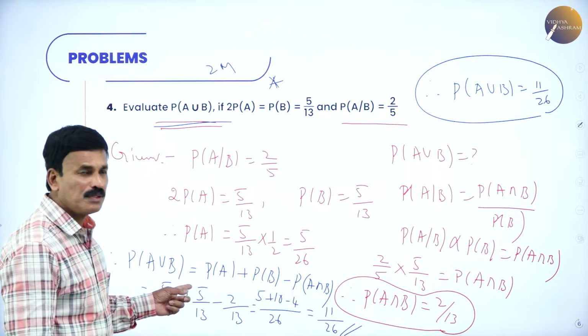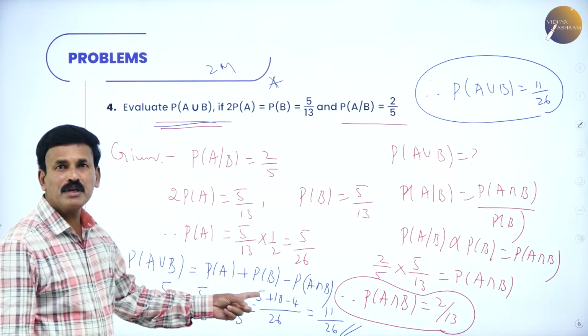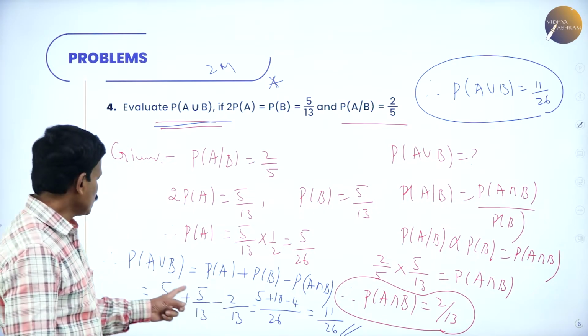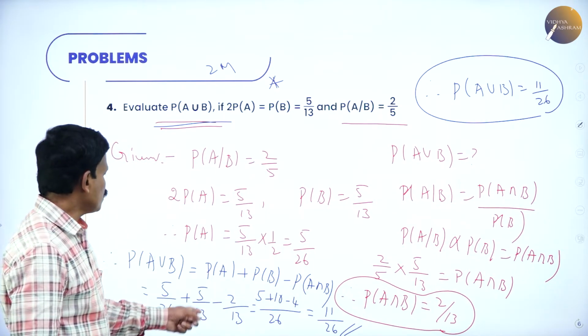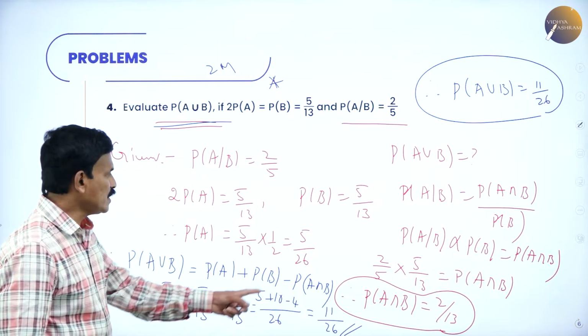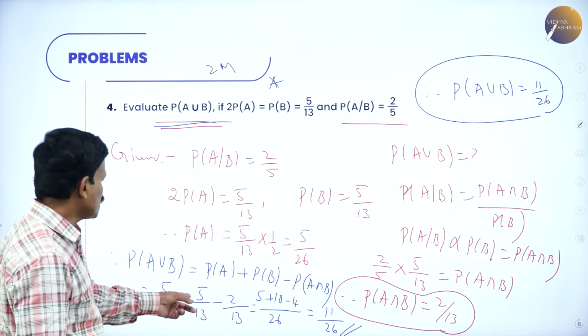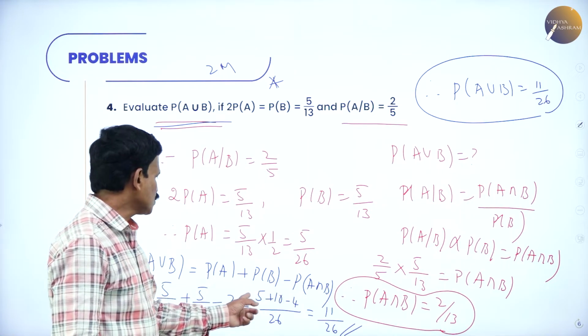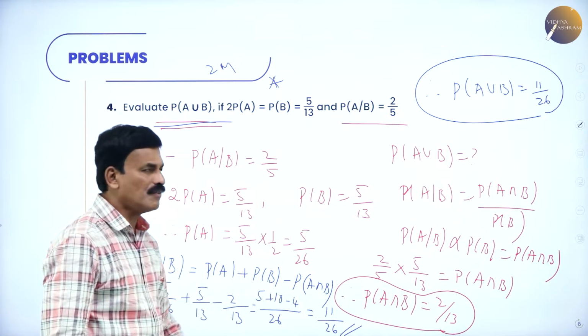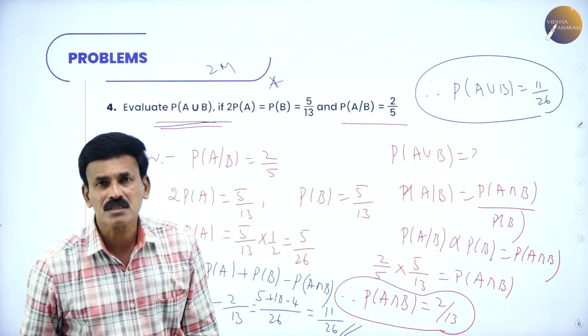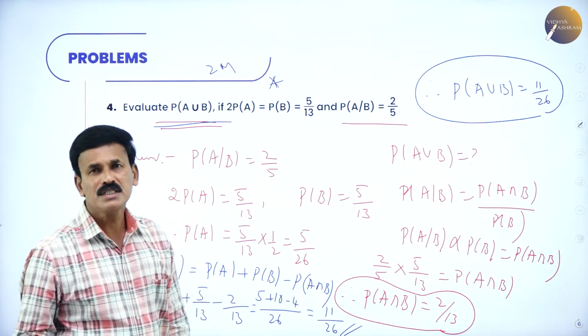Probability of A or B is equal to probability of A plus probability of B minus probability of A and B, that is 5 by 26 plus 5 by 13 minus 2 by 13. Take LCM, 26 is LCM. 5 plus 10 minus 4, that's equal to 15 minus 4 is 11 divided by 26 is the required answer. Hope you followed. Okay, that's it.